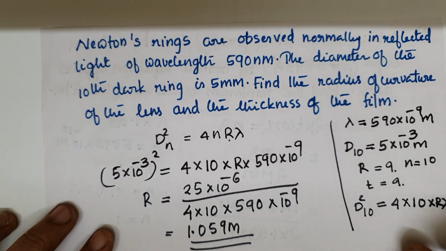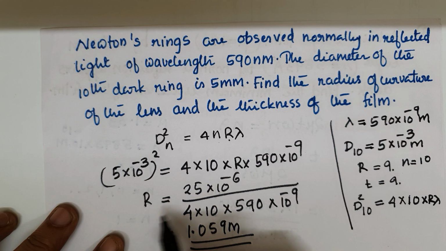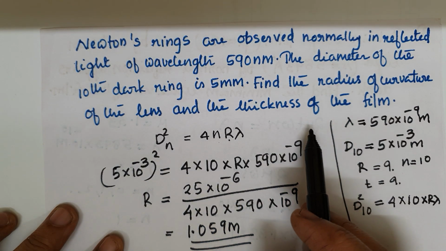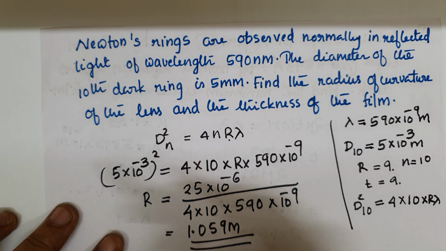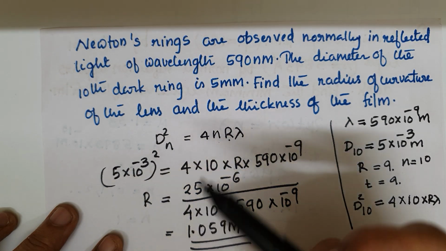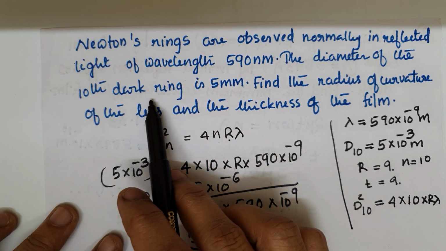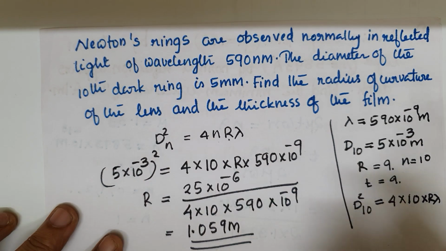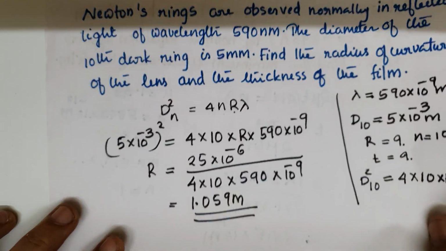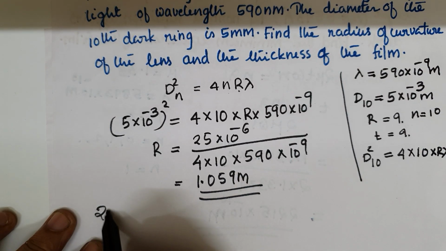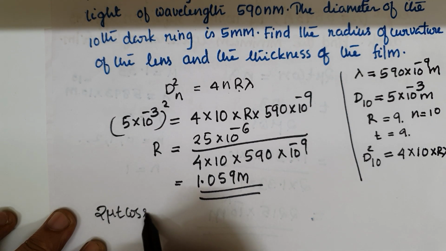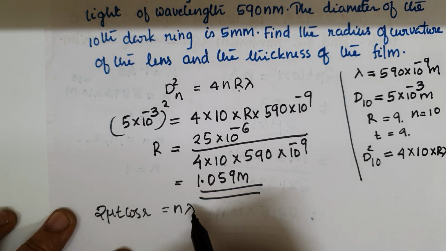Then using this r, we have to find out the thickness of the film. So we are again using the condition for dark band or destructive interference. The condition for dark band, or destructive interference, is 2 mu t cos r is equal to n lambda.